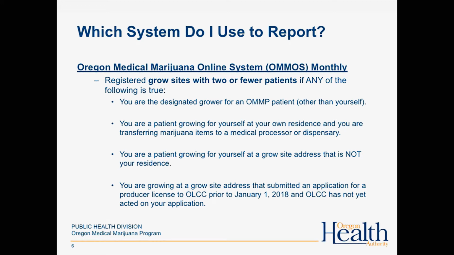The other case is if you applied to be licensed under OLCC and submitted that application before the January 1 due date, which was one of the requests we sent out, and you have a pending application to be licensed under OLCC. We do not want you to set up the cannabis tracking with us, for two reasons.